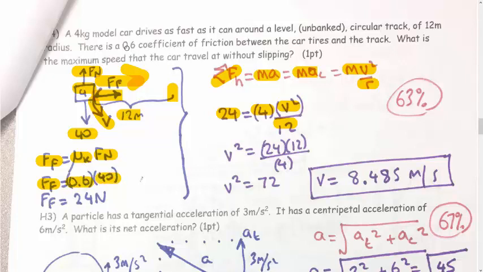It tells me the 0.6. The mass gives me the 40. That gives me 24. So 24 is equal to 4 times v squared over 12. V squared is equal to 24 times 12 over 4, which equals 72. V is equal to about 8.5.